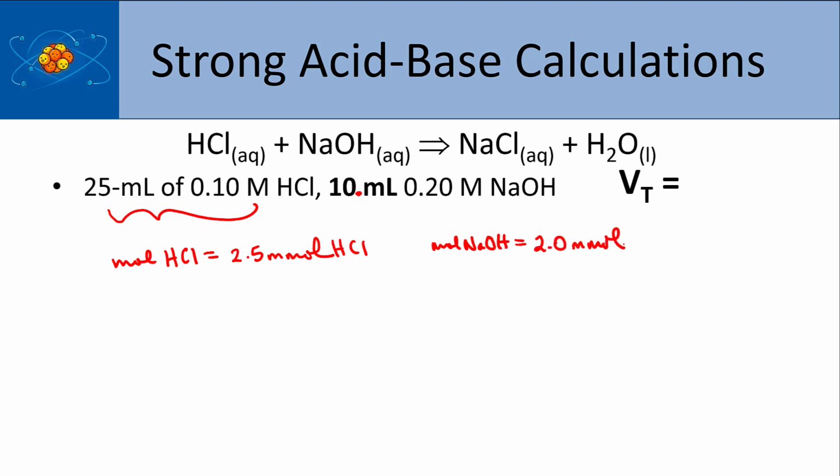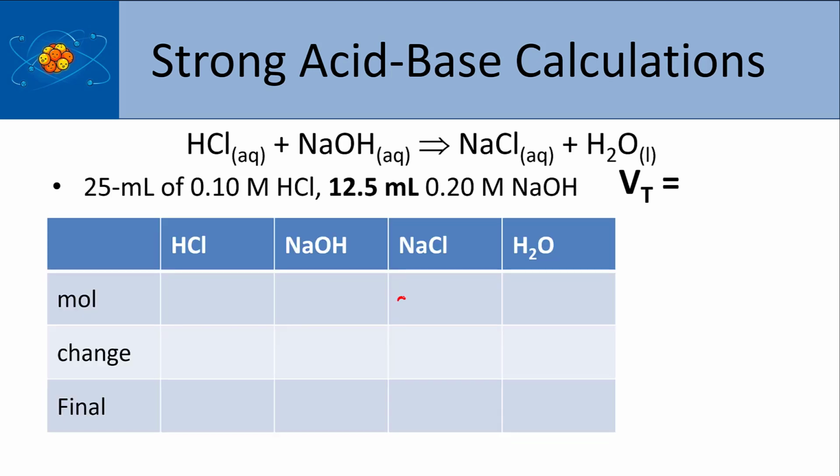Now, when the stoichiometry is 1 to 1, the one you have less of is your limiting reactant. So in essence, this is limiting. Now we need to know how much HCl is left. It's basically going to look like this: moles of HCl remaining.